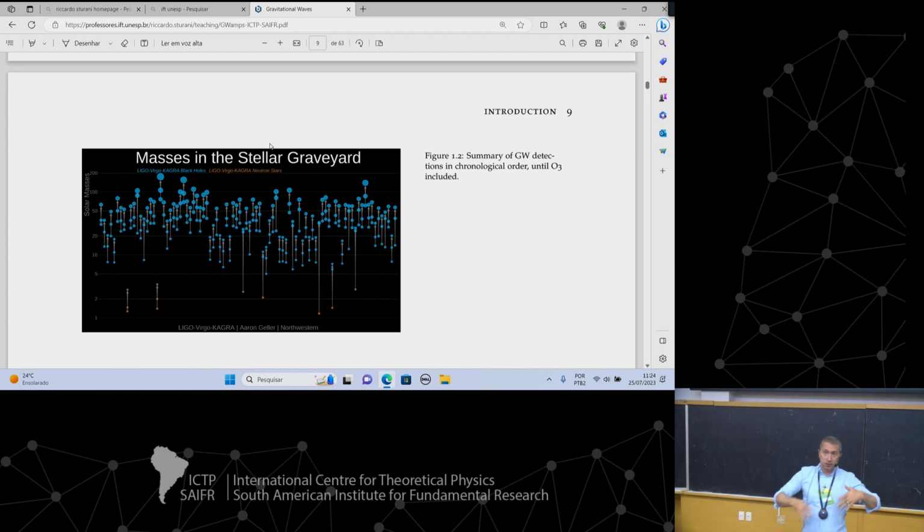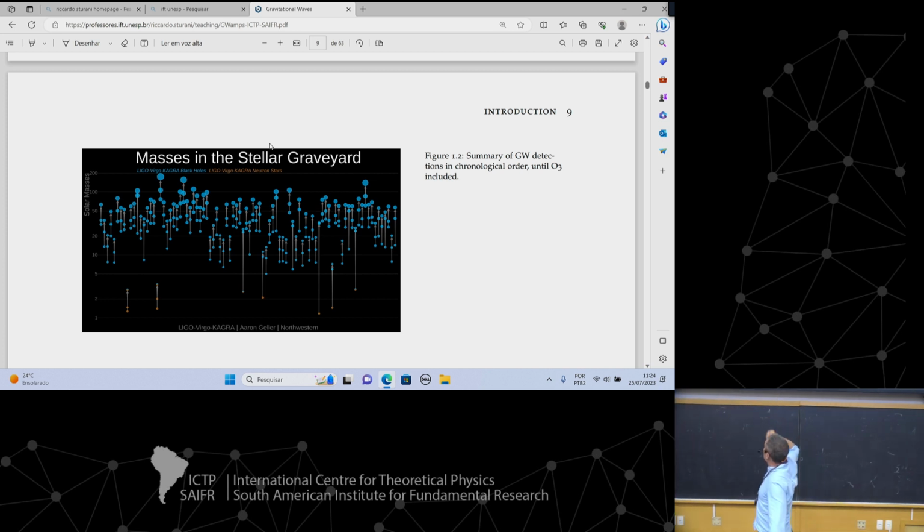I mean, I'm just telling you, of course, this is not a demonstration. There is a lot of astrophysics going into it, but just to tell you that a 2.6 solar mass compact object is a problem. Of course, it wouldn't be a problem if it were the result of a merger, because if it's a merger of neutron stars, it can very naturally happen to have 2.6 solar masses, but then it's not the result of a collapse of a star.